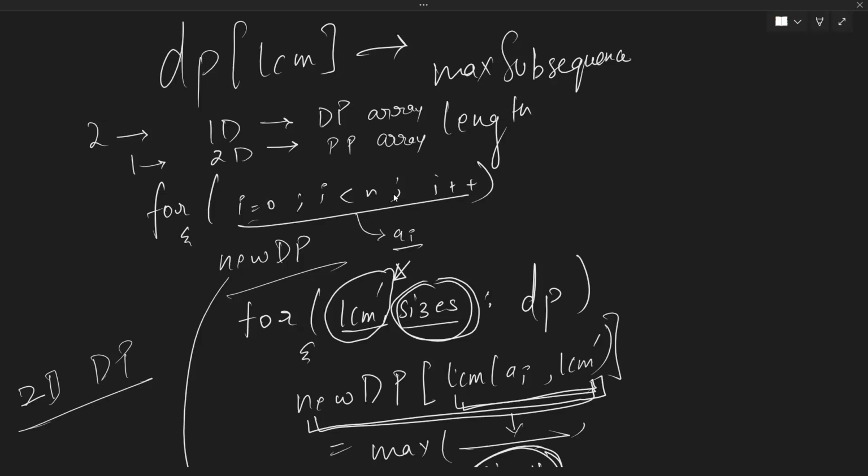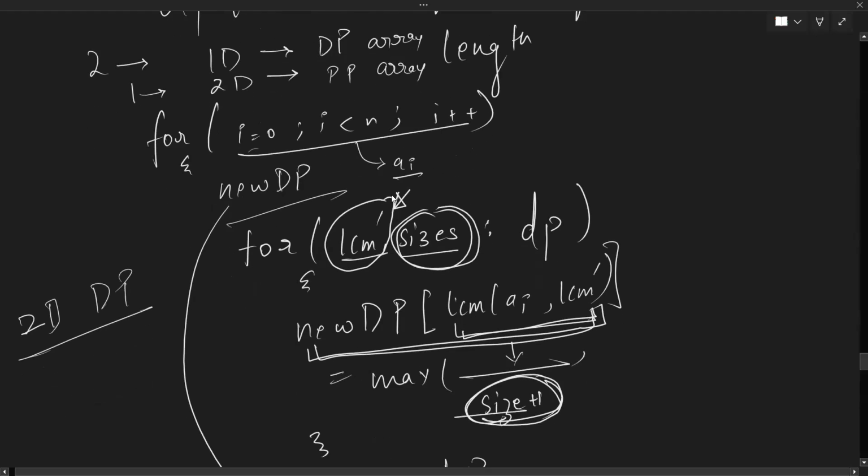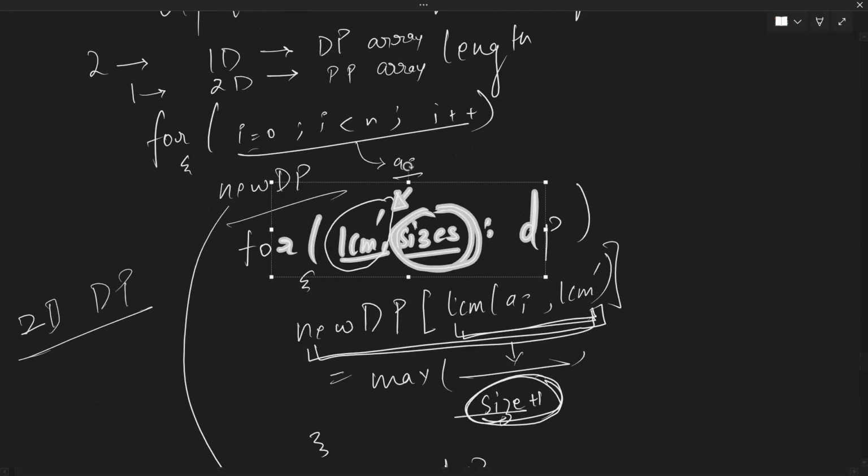Why would it give MLE? In this, what is the size of this at max? How many times am I iterating? 2000. What is the size of DP? Maximum 2000. So why would it give TLE or MLE? N only.